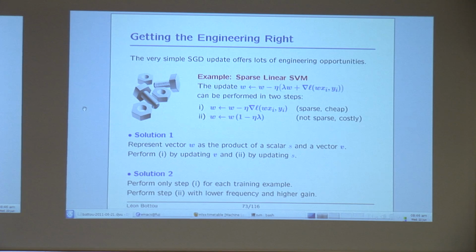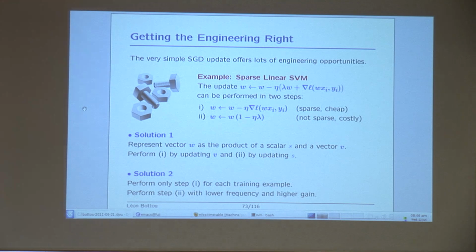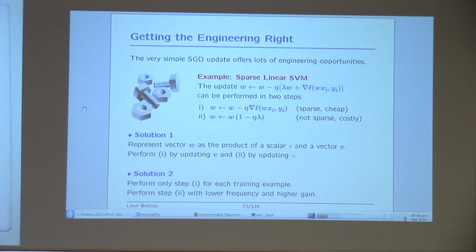There is a solution number 2 that's connected actually to this resampling. You can consider that the part of the update that corresponds to the regularization factor is just like a special example. And you have the same number of special examples as real examples, and you just draw randomly in this modified distribution. But now, these special examples, I have a lot of them, and they're more costly to process. So I can just use the trick that's in the paper here, which is the trick of resampling.